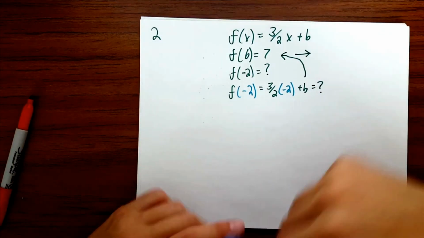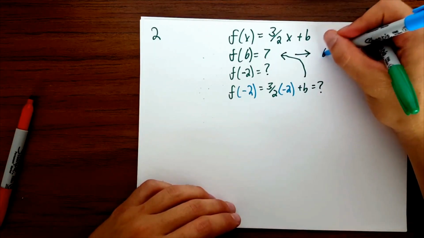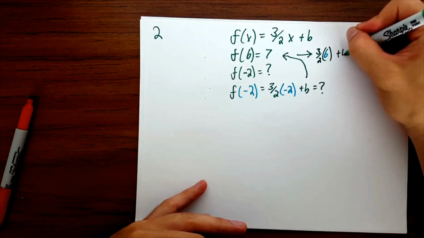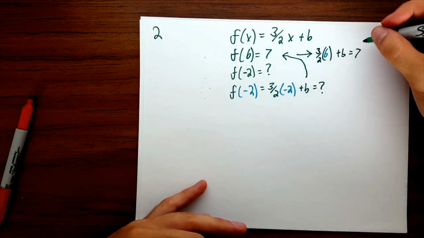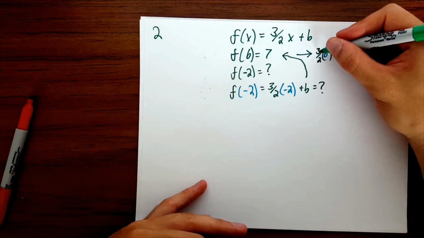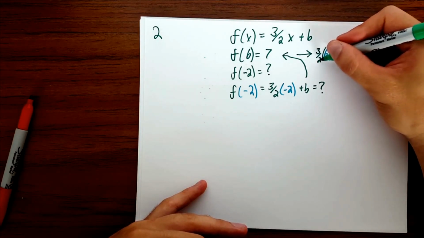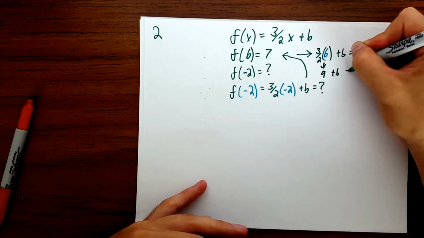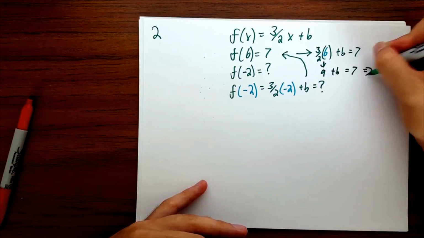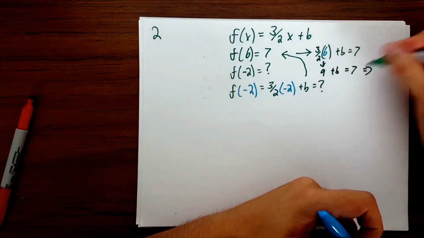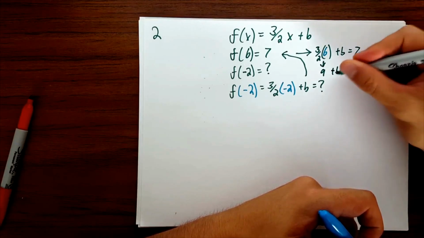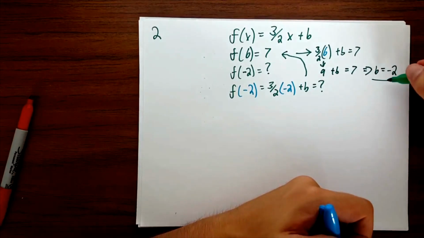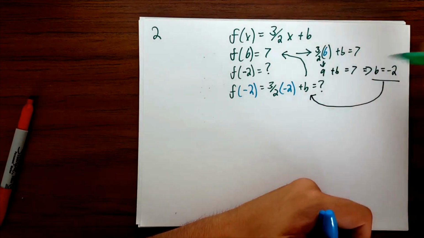So you'd have 6 times 3/2 plus b equals 7. So 3 times 6 is 18, divided by 2 is 9. So this is going to be 9 plus b equals 7. Subtract 9 from both sides, and you're going to get b equals 7 minus 9, which is negative 2. Now use that over here.